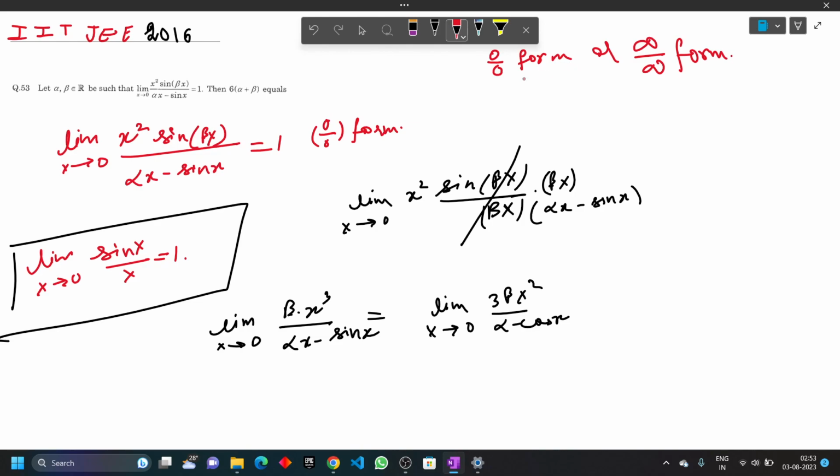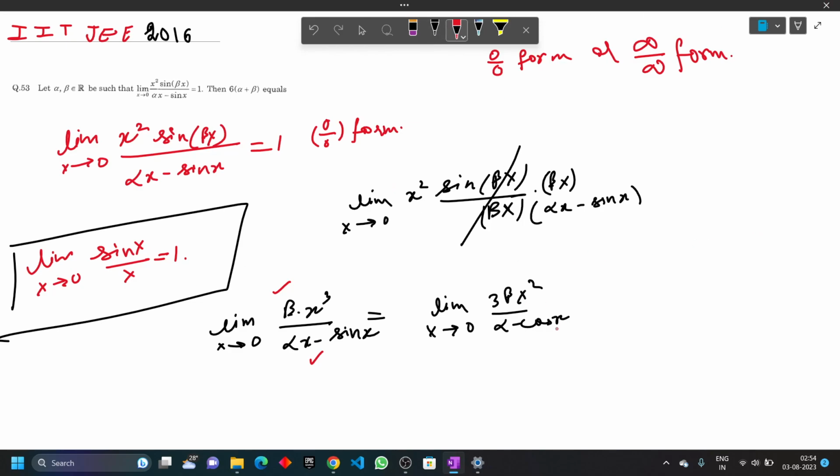In that rule, we differentiate both numerator and denominator separately, not by the quotient rule, but separately. Okay, so that will simplify things. So that is the L'Hopital rule.